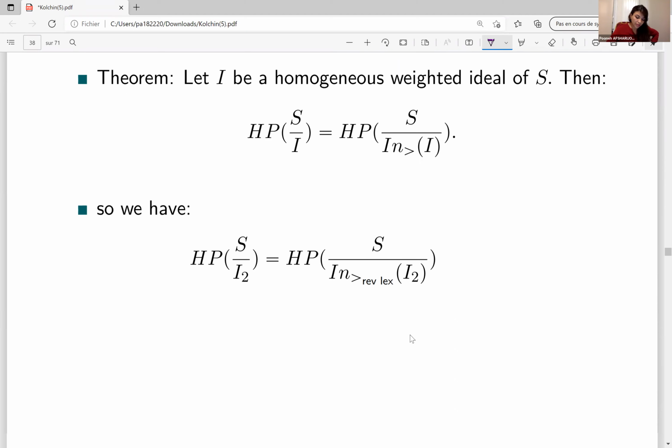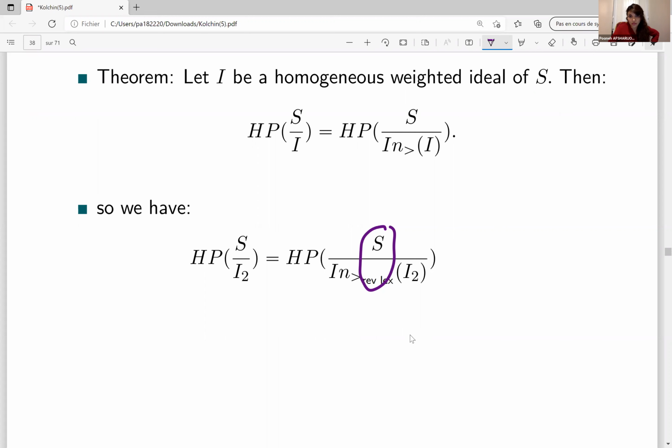But note that by the definition of this initial ideal, the monomials which appear in this algebra are those which are not divisible by x_i squared or x_i x_{i+1}, which means that the partitions that we can associate to this algebra are those without equal or consecutive parts.